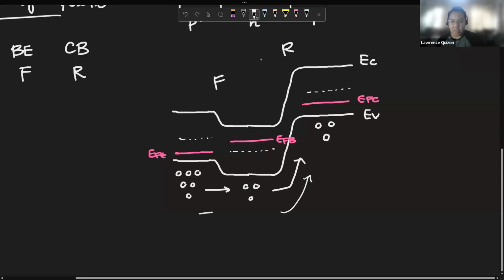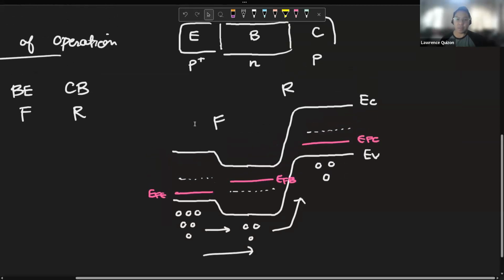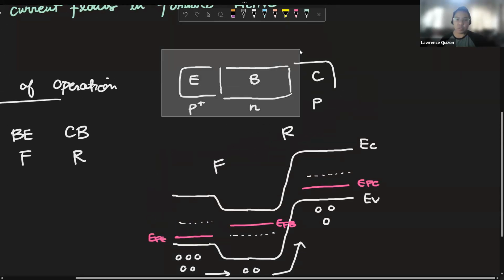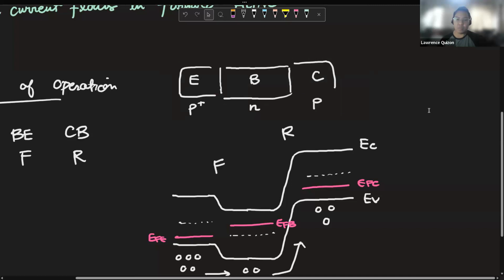So magdi-diffuse sila dito, and then once they get over here from the diffusion, the drift that's caused by the slope in the energy band diagram causes them to reach the collector in this case, right? So this is forward active. Kapag forward yung EB junction, reverse yung BC junction.